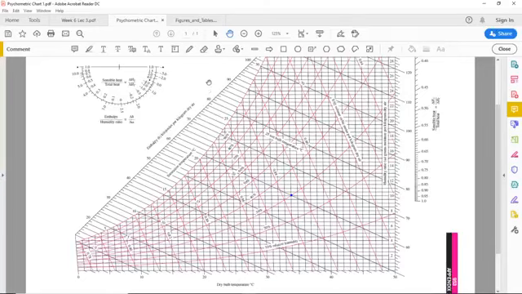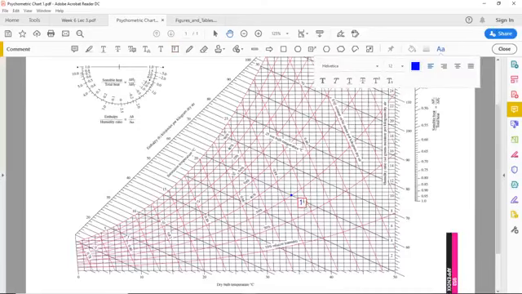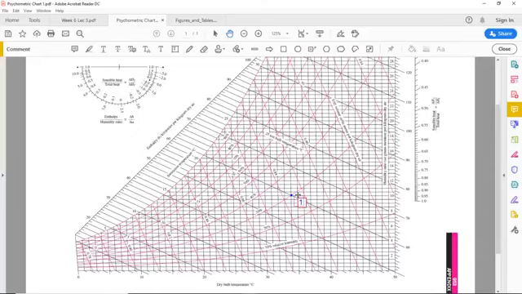And to draw the process line from state 1, I'll just label it. We have state 1, and I have to draw the process line.